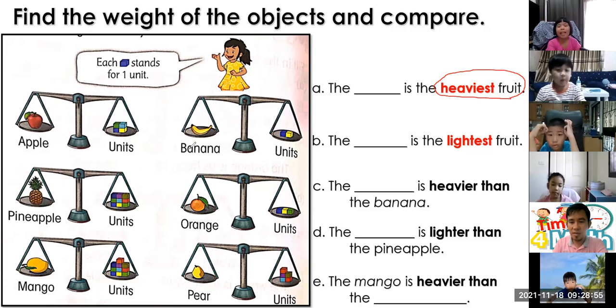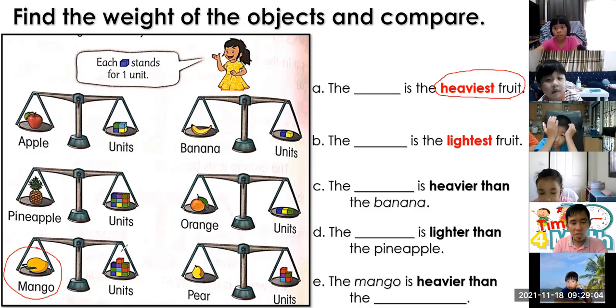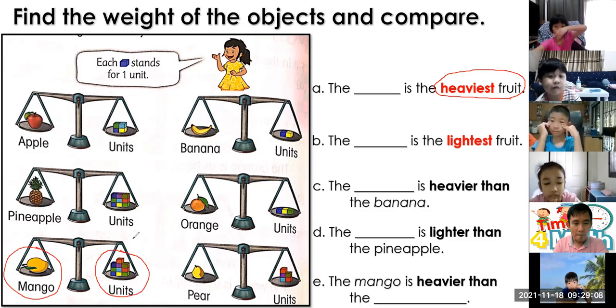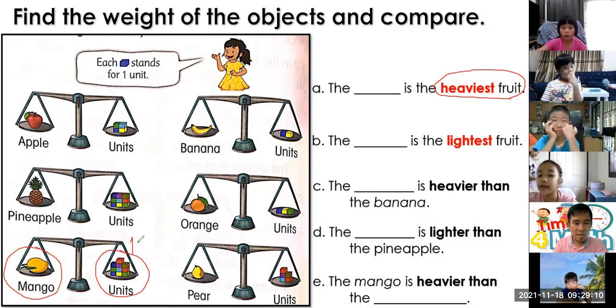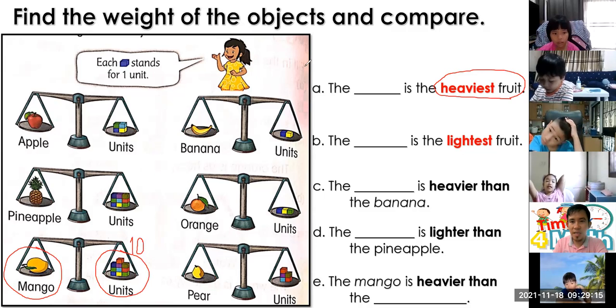What is the heaviest? Mango. Why mango? How many units is mango? 10 units. So the answer here in letter A is mango.